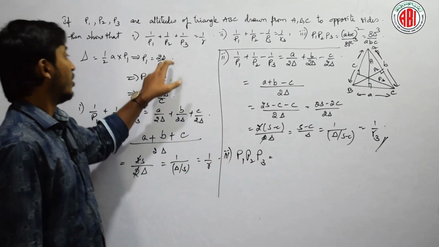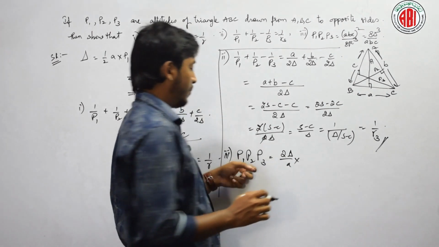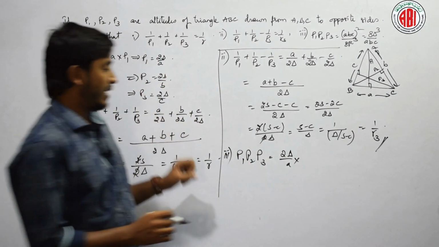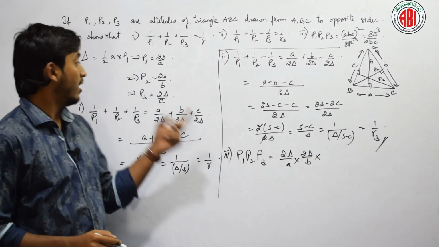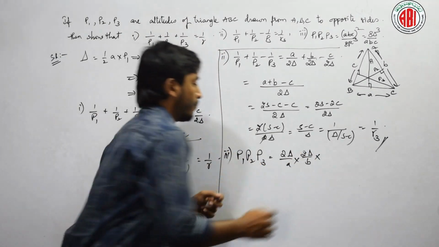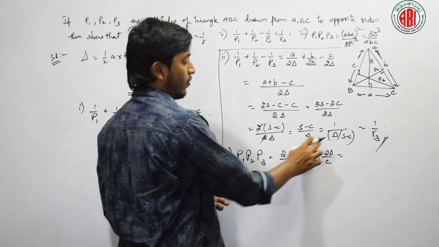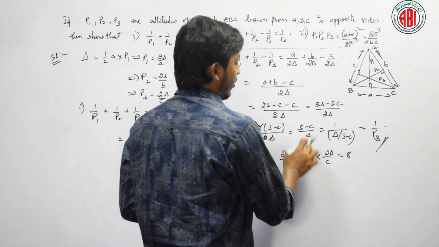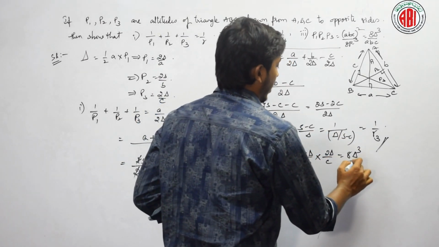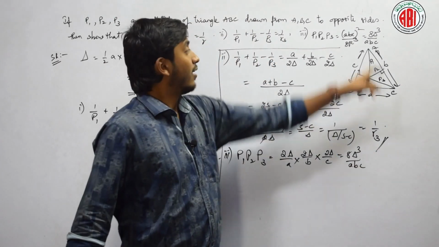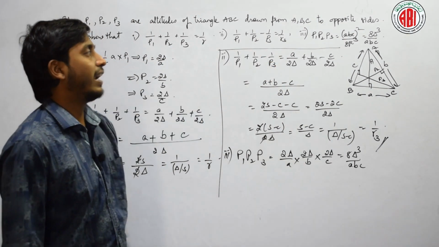What is P1? 2 delta by A. What is P2? 2 delta by B. What is P3? 2 delta by C. 2 2s are 4, 4 2s are 8, delta into delta into delta, delta cube, A into B into C. Are we getting the same thing? Yes, right. Then next tell me, how do I get 8R cube there?